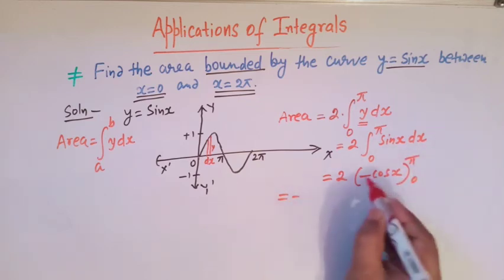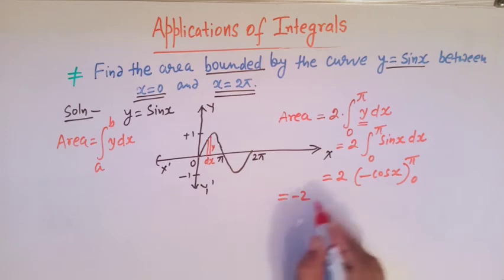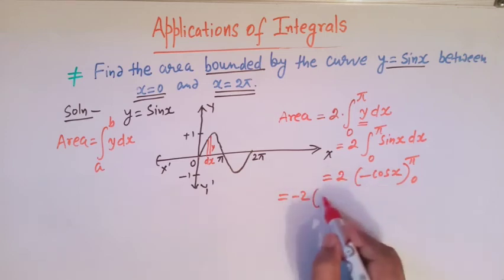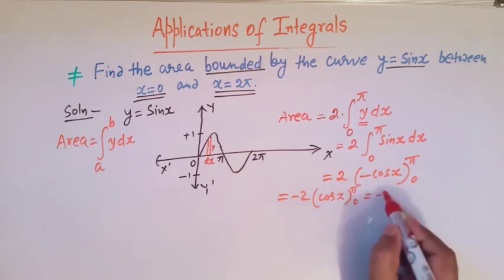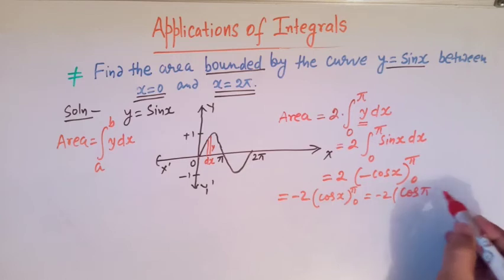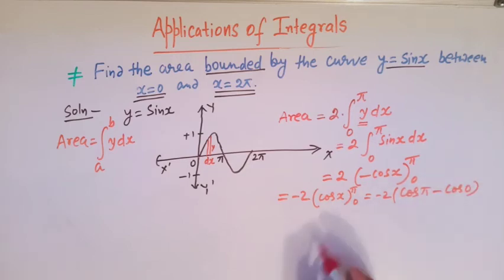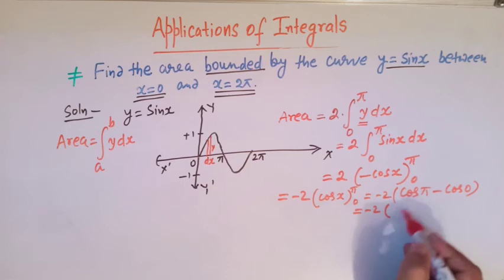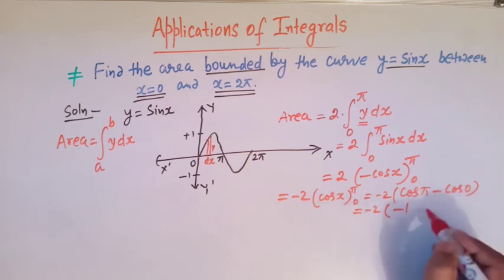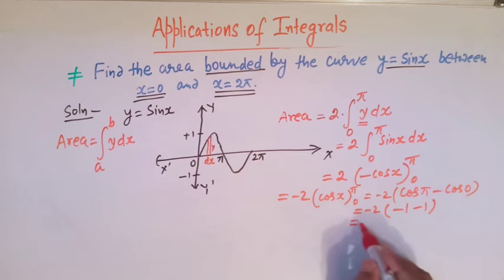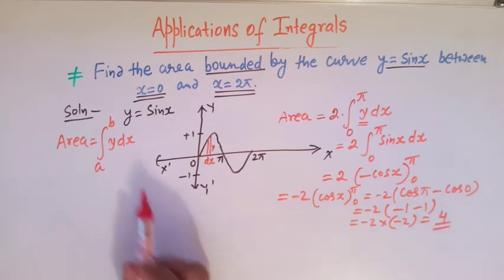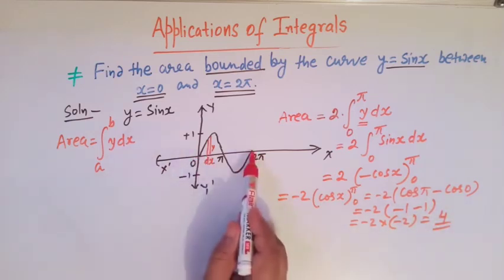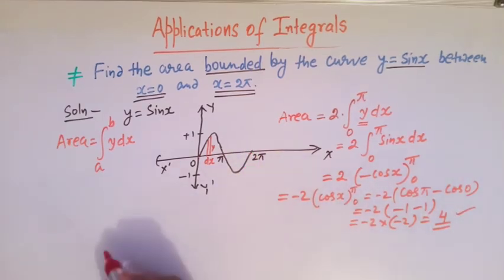Now this is minus 2, taking the negative sign outside, cos x from 0 to pi, and now this can be written as cos pi minus cos 0. Here cos pi is minus 1, cos 0 is 1, so we have minus 2. So this is minus 2 times minus 2, and this is plus 4, right? So the area from 0 to 2 pi is 4, right?